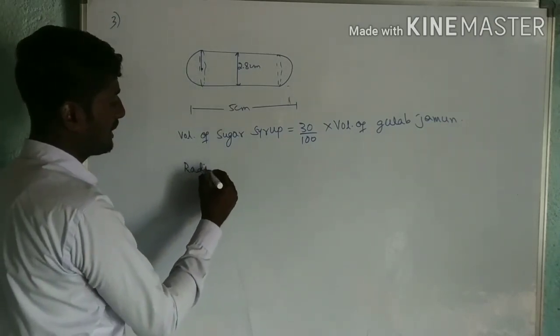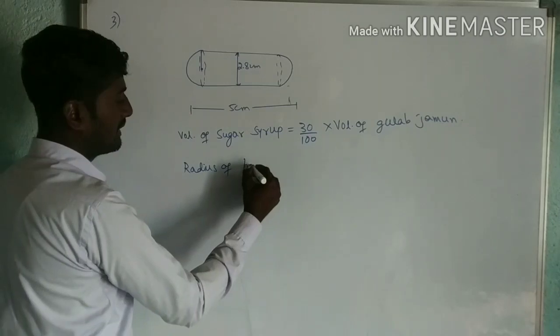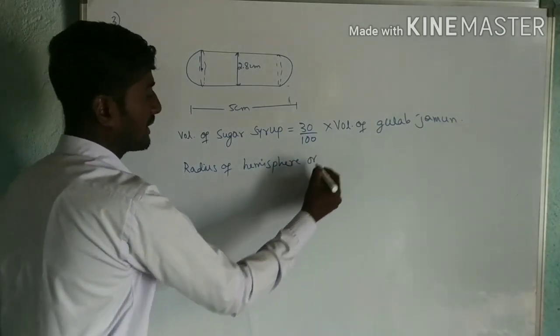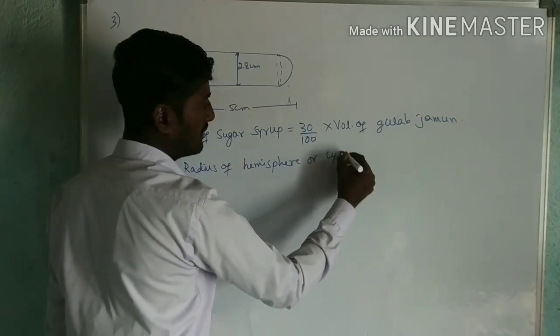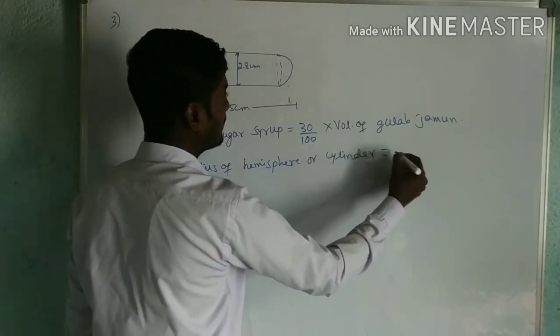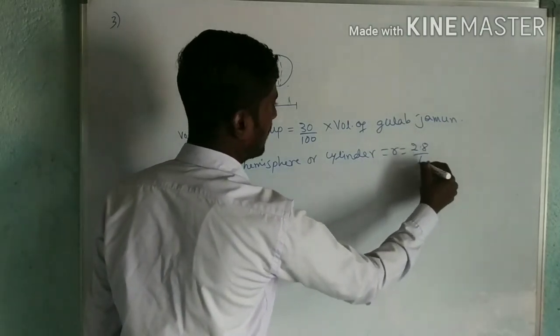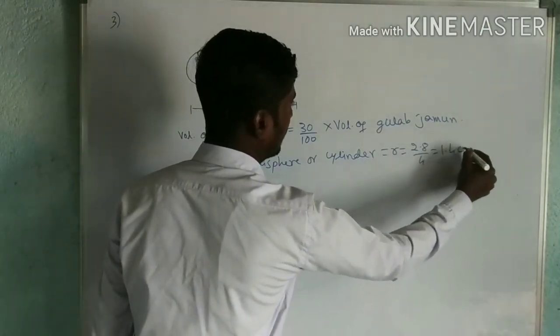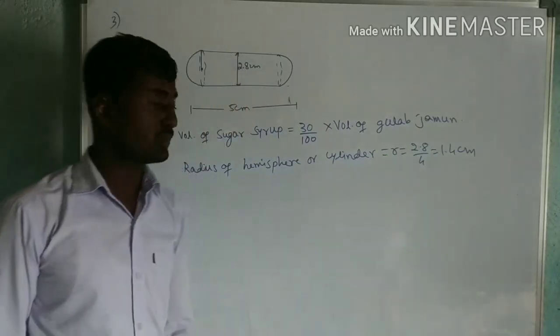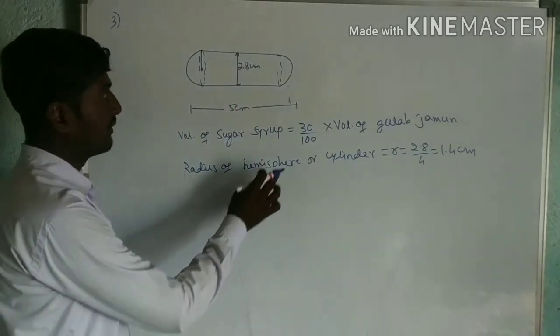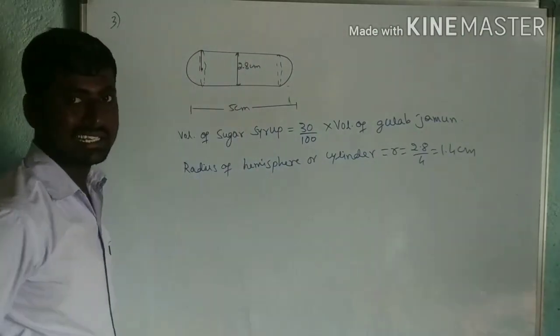The radius of the hemisphere and the cylinder are the same here: r equals 2.8 divided by 2, that is 1.4 centimeter. This is the radius of the gulab jamun.